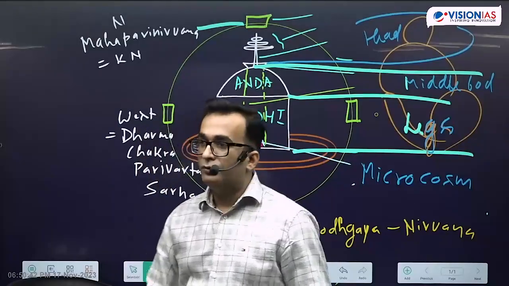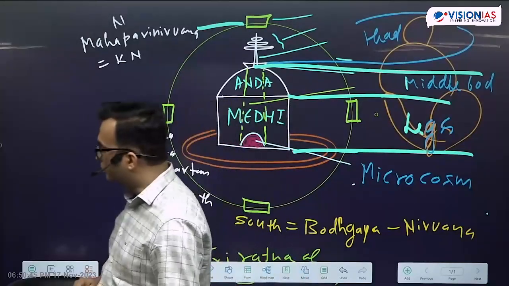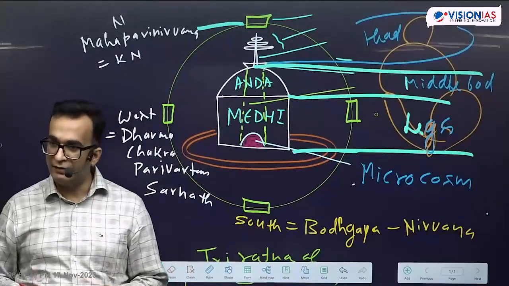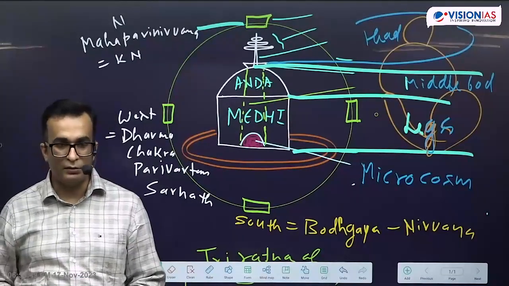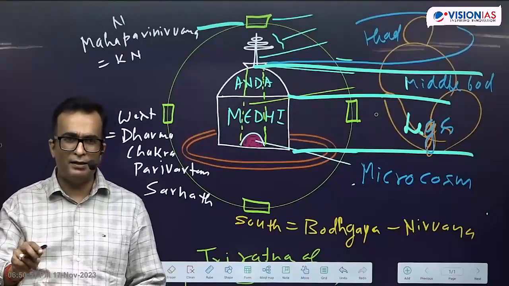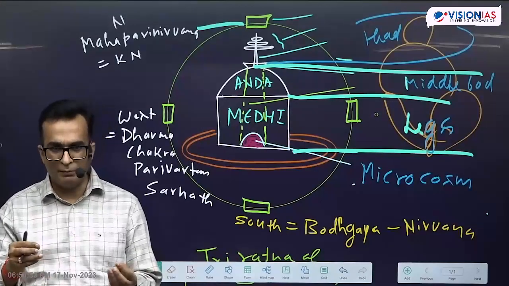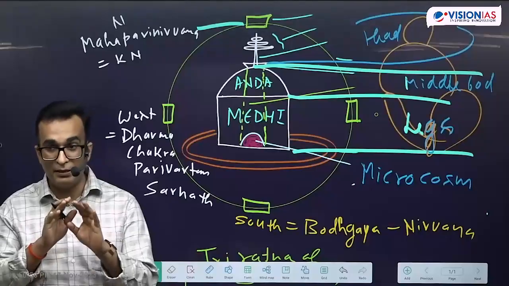Then, this is the final word about the stupa structure. There are so many concepts that we have discussed today, and I would request that the rest of the topics, revising a day or two later also works, but this one will not work like that.